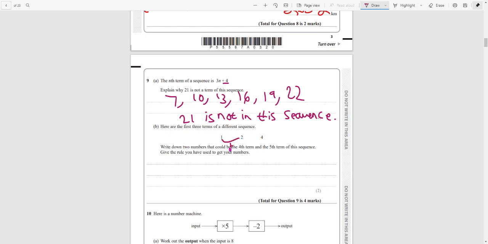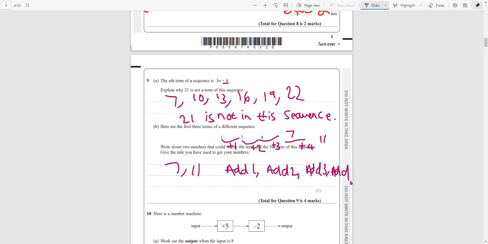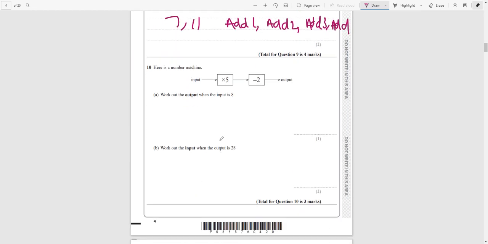This is plus 1, this is plus 2, so maybe this is plus 3. That could be 7, then plus 4 could be 11. So I'm going to write 7 and 11, because the rule I have used is, you add 1, then you add 2, you add 3, then you add 4.